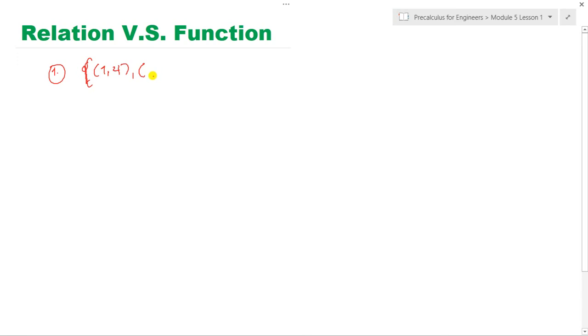So here we have an ordered list of 1 and 4, then 2 and 5, next is 3 and 6, the next is 4 and 7.